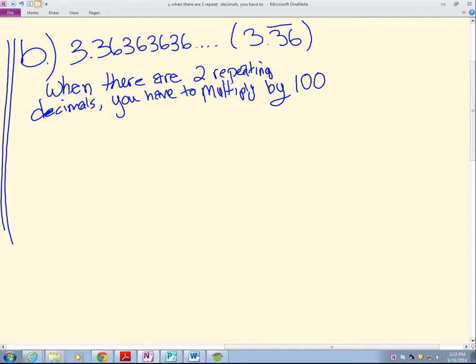Did it say by 100? When there are two repeating digits, you have to multiply by 100.